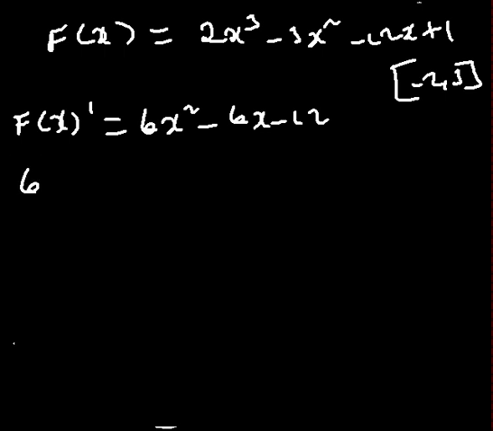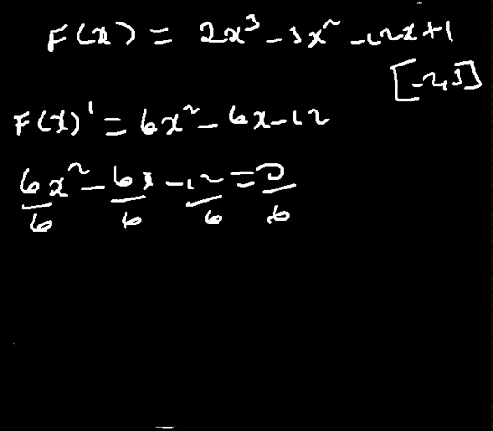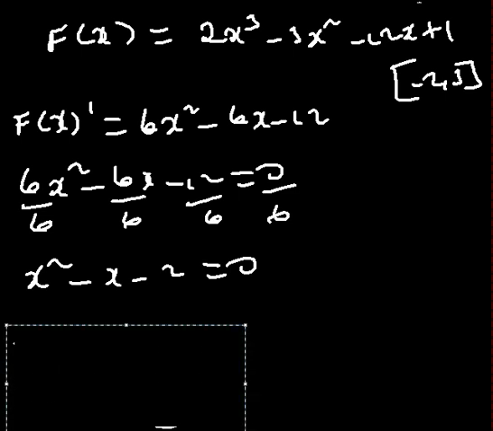So 6x squared minus 6x minus 12 is equal to 0. We can simplify this, since we have the common factor, which is 6. So we have x squared minus x minus 2 equal to 0. Then we solve for x. Should we use the factor method? Yes, it will work.